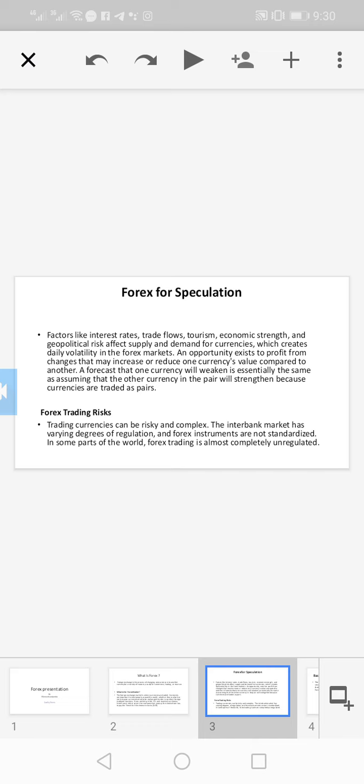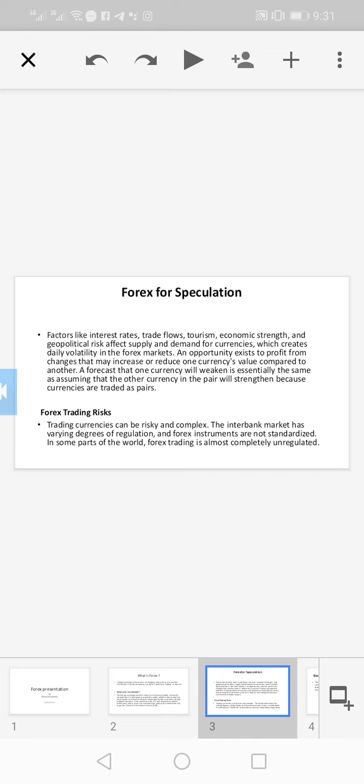Okay, how do you do that? You do it by speculating. Okay, it's called speculating. You are speculating that, okay, I want to buy euros. Why do you want to buy euros? Because you think the euro will gain value after you buy it.